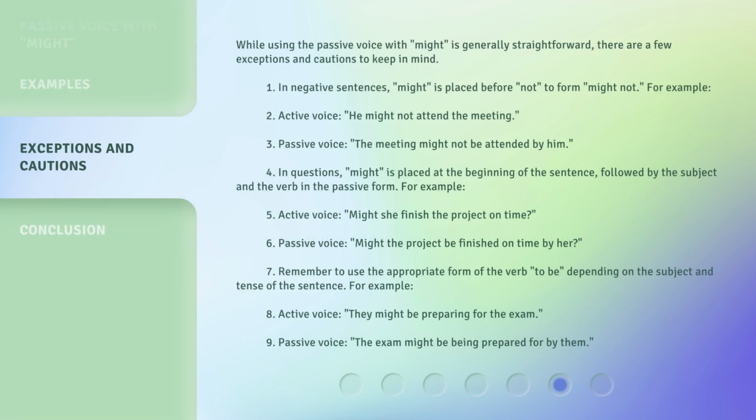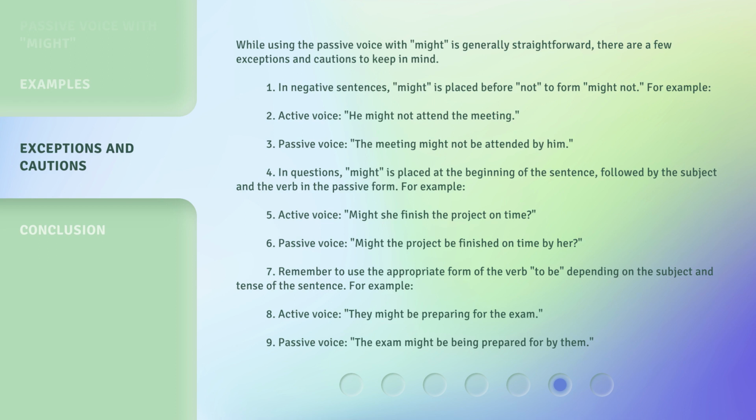While using the passive voice with might is generally straightforward, there are a few exceptions and cautions to keep in mind. One. In negative sentences, might is placed before not to form might not. For example, active voice: he might not attend the meeting.